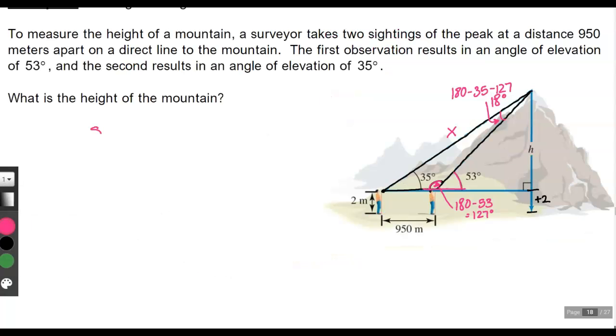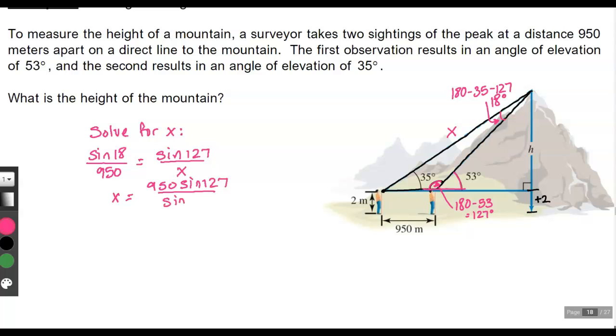So how did you guys set up solving for x? What did you do? Good. Yes. Sine of 18 over the only side we know, the 950, is equal to sine of 127 over x. And then to get x by itself, we cross multiply, and we'll end up with 950 times sine of 127 over sine of 18.